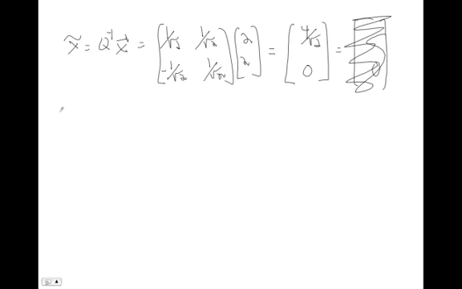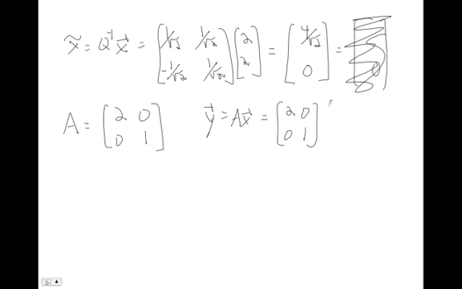So now let's consider the function A equals 2, 0, 0, 1. So we have y equals A times x. And let's keep our same x. So this is going to equal 2, 0, 0, 1 times our x, which is 2, 2.